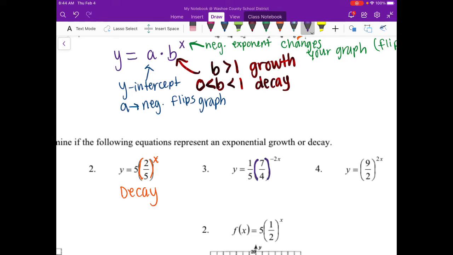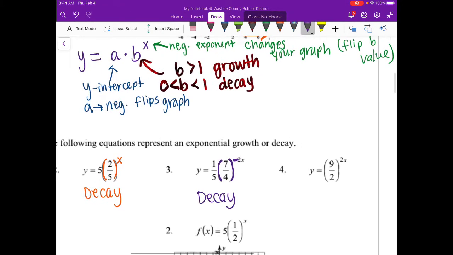So I'm thinking growth, but then I look at the exponent and notice it's a negative, so that changes it to a decay. And lastly, I have a fraction, 9/2 is greater than 1, positive exponent, so this is in fact a growth. Okay, so you will need to identify whether it's a decay or growth from there.